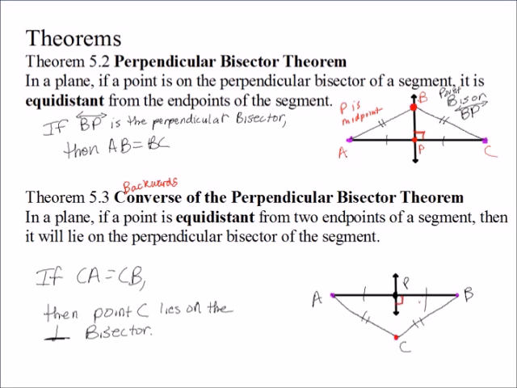Okay, and how do I know it's a perpendicular bisector? Well, meets at a right angle. And we know that P is midpoint. How do we know that? Well, look at your two segments. If this segment and this segment are the same, P has to be the midpoint.